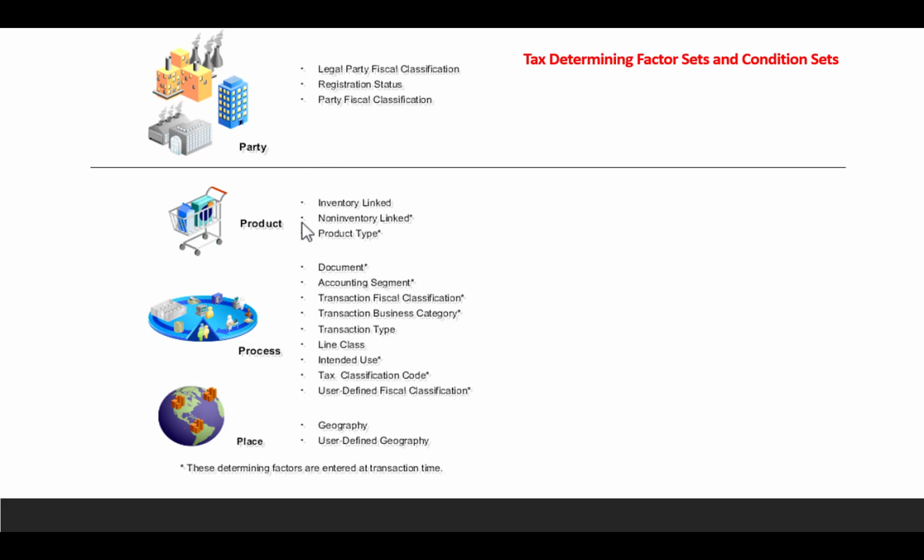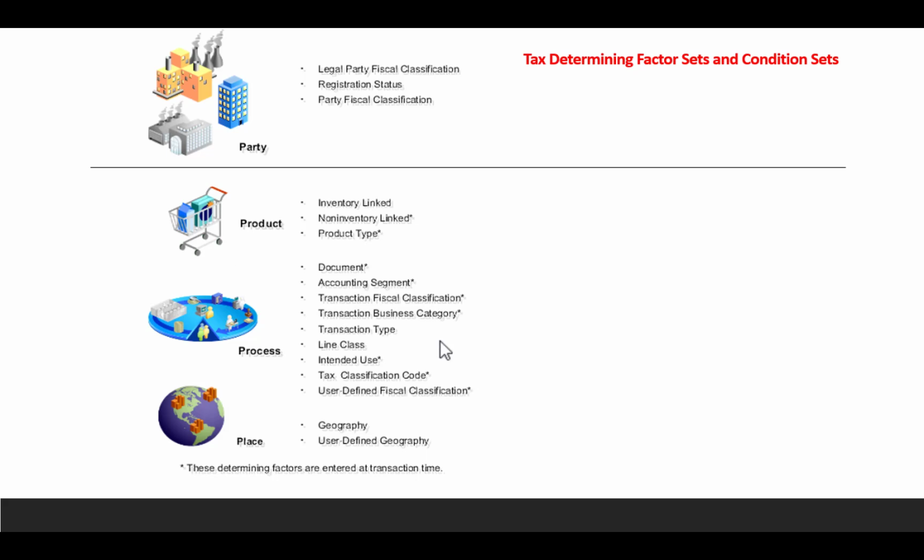Again, for product I will define a catalog in Oracle Fusion, then I will define a category and assign specific items to this category. Why? Because I am going to calculate a specific rate for this category, or I am going to calculate no tax for this specific category. For the process, I have a specific account and I need the system not to calculate tax for this account. I have a specific transaction type in payables, and I am going to tell the system please don't calculate tax for it.